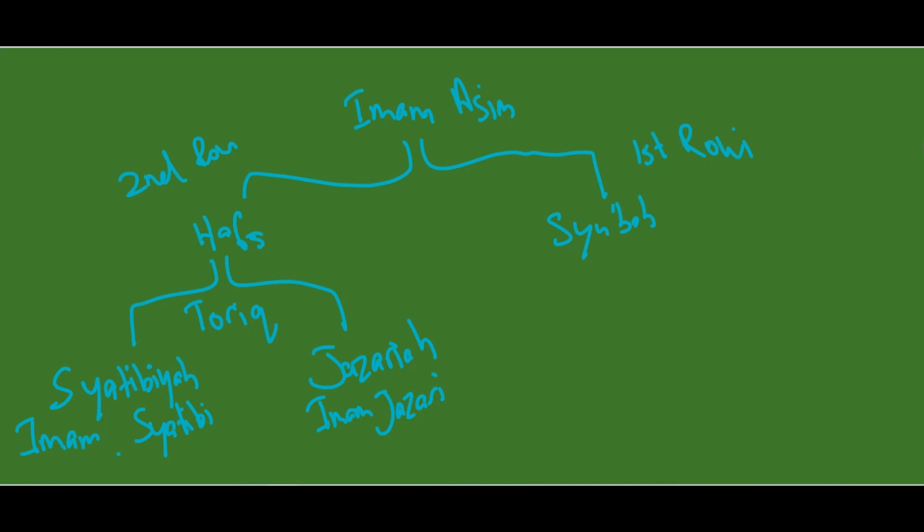Between Imam Shatibi and Imam Jazari, the only difference is the difference of recitation at 18 places in the Quran. 18 places in the Quran where they differ in terms of the recitation. That's all. You get what I mean?